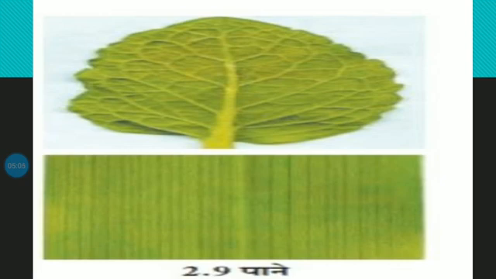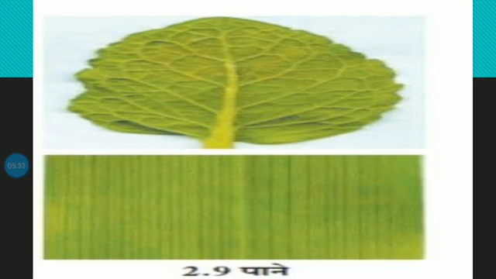On the other hand, in leaves of maize, all the veins are parallel, running from the leaf base to the leaf apex. Thus, the peepal leaf blade has a reticular venation and a maize leaf blade has parallel venation.